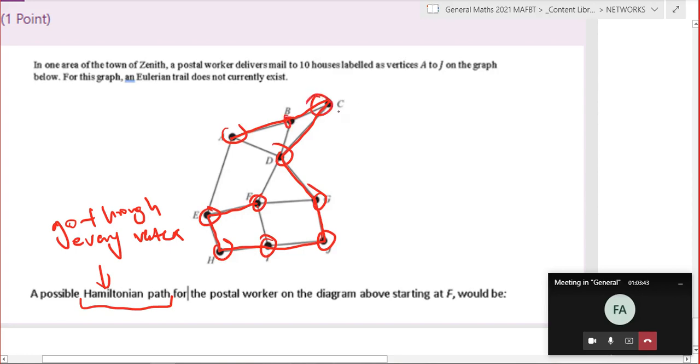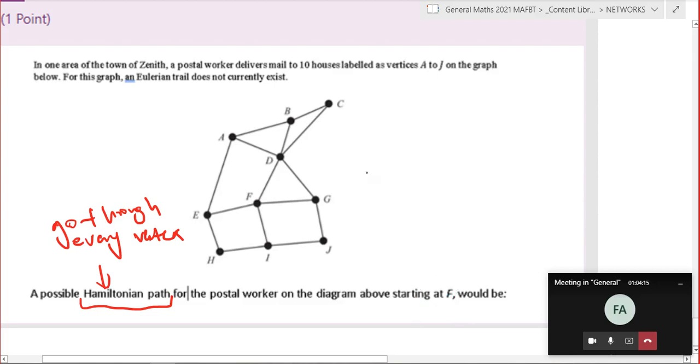You can actually take multiple paths for this question, as long as you start at F. I could have gone F, D, C, B, A, E, H, I, J, G. There's another one: F, D, G, I, J, H, E, A, B, C. This makes it easy in that sense, because you can go anywhere, as long as you go through every single vertex and you start at F.